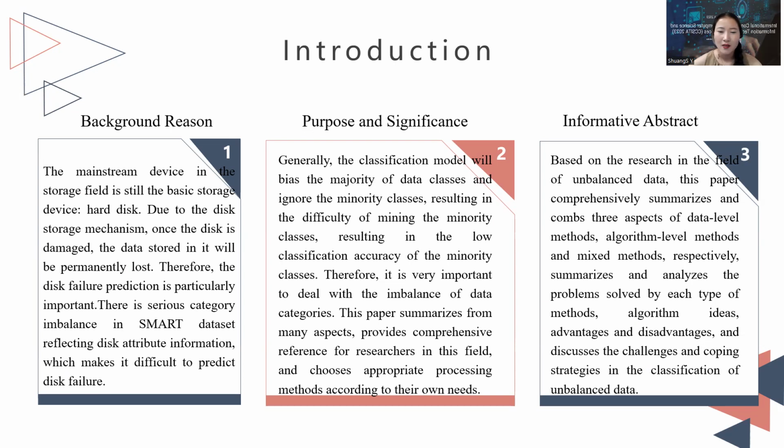Therefore, it is very important to deal with the imbalance of data categories. This paper summarizes from many aspects and provides a comprehensive reference for researchers in this field to choose an appropriate processing method according to their own needs.